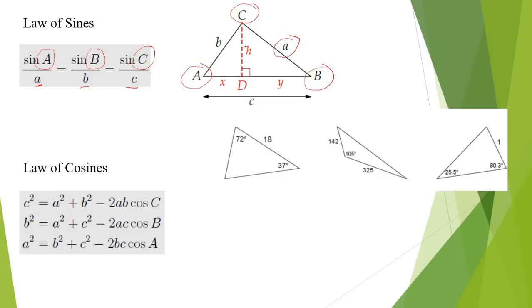Now take note that this angle A corresponds to this side length a here, and this angle B is also facing this side length b, and this angle C is facing this side length c.